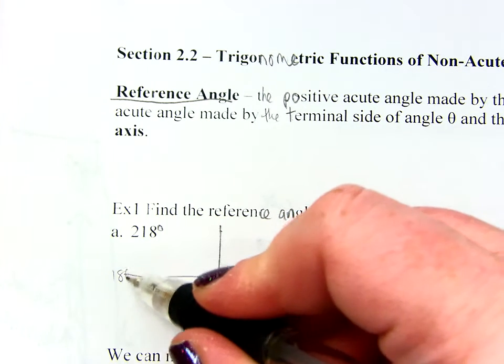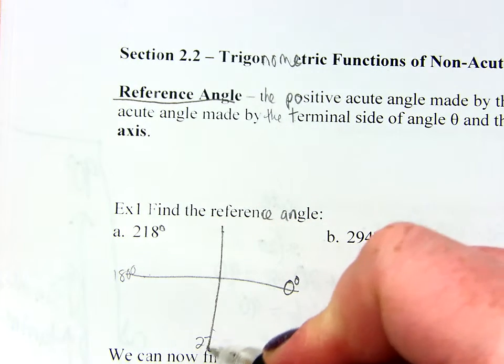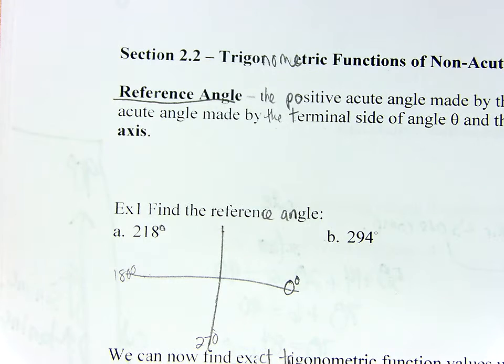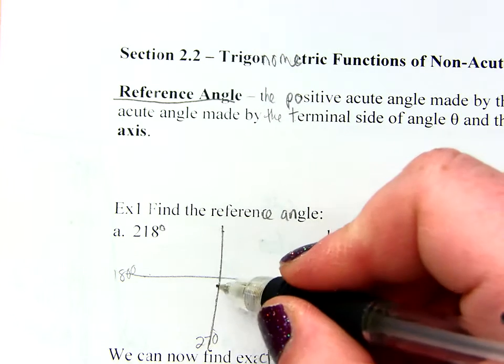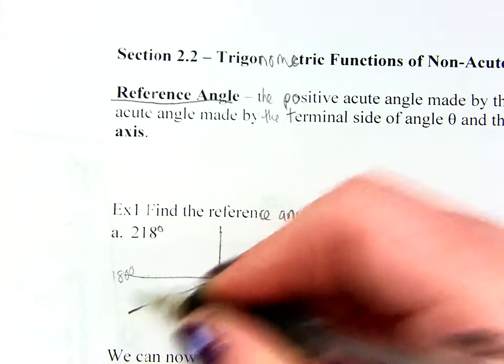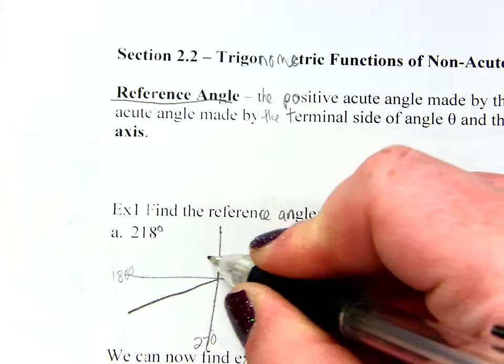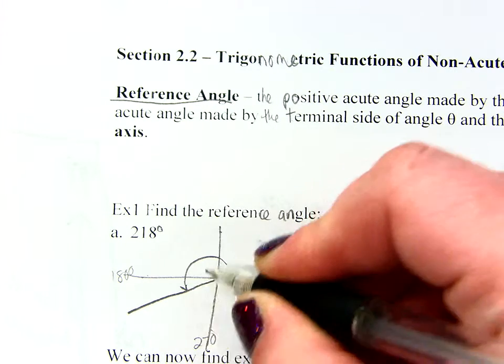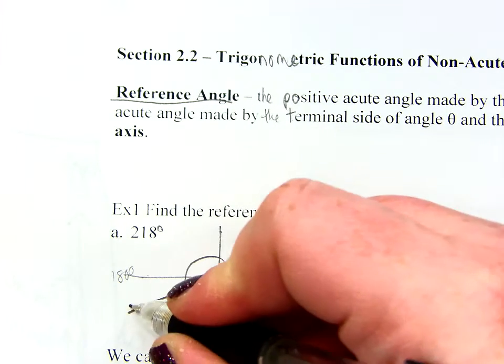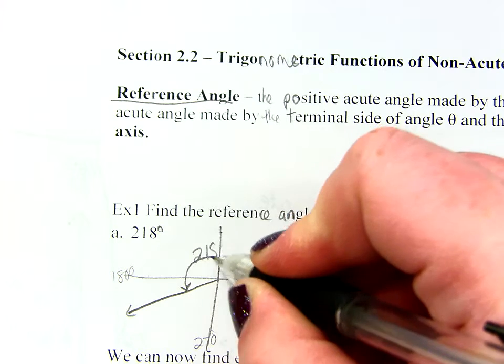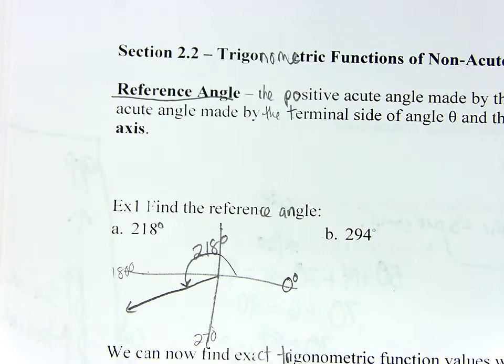If this is 180 and this is 270, then obviously 218 is going to land in my third quadrant, right? Somewhere in there. And let's see, 218, probably a little bit closer over here. So this whole thing represents my 218 degree angle. So far, does this make sense?